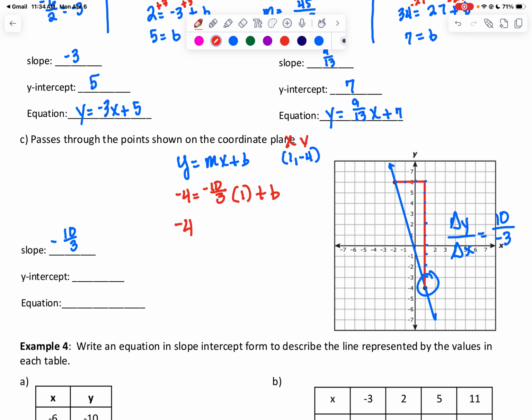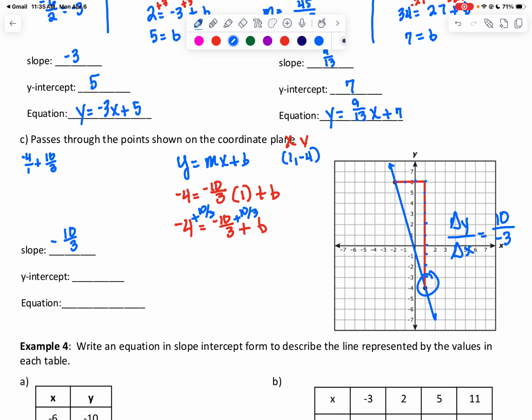So negative 4 equals negative 10/3 plus b. So I'm going to add 10/3 to both sides. All right, so negative 4 over 1 plus 10 over 3.